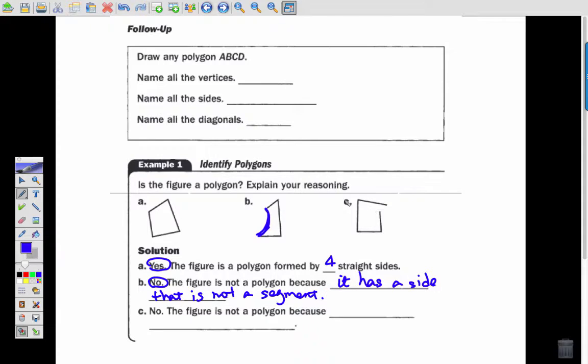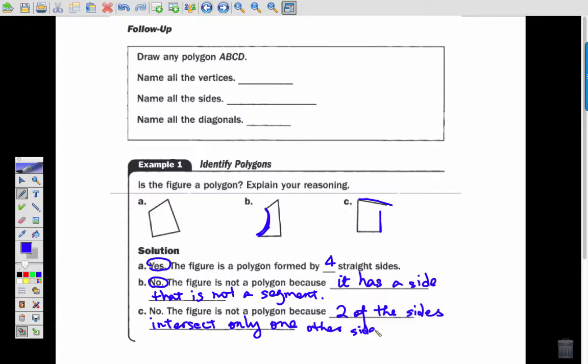Okay, and then the third one, obviously, it's not a polygon as well because two of the sides intersect only one other side. Two out of four sides, meaning this one and this one, intersect only one other side.